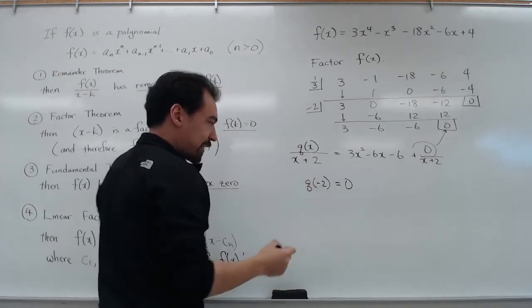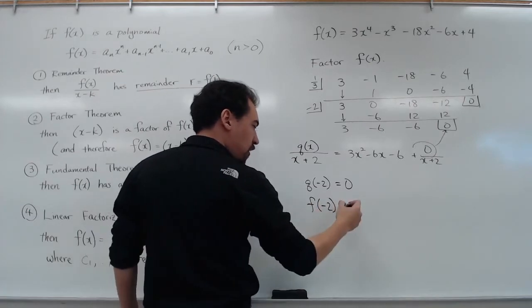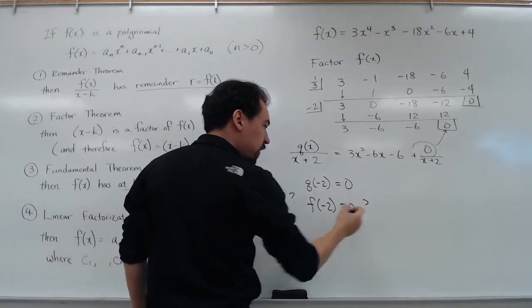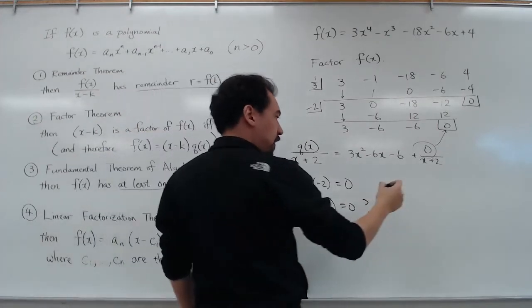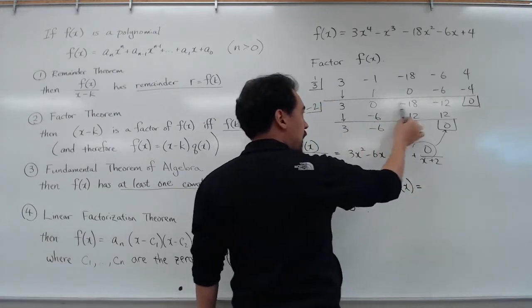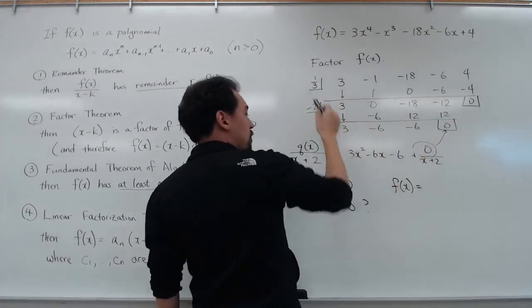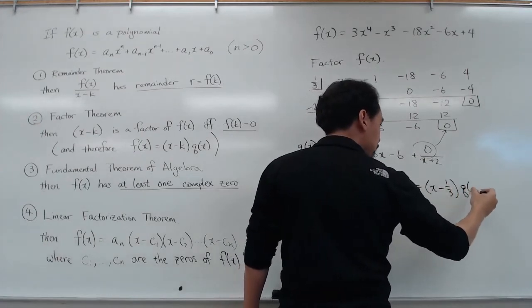But what we would like to ask is, is -2 also a 0 of the original polynomial f? The answer is yes, and here's why. Because remember, f of x, in the last step, we were able to break it down into the quotient multiplied by the factor x minus 1/3, right? This was the deal.